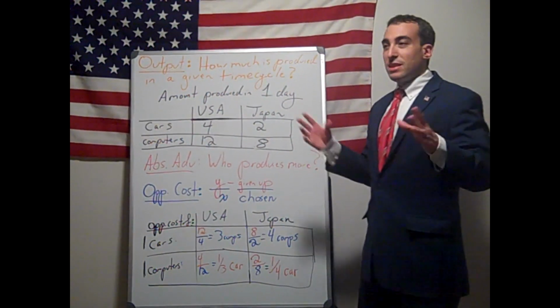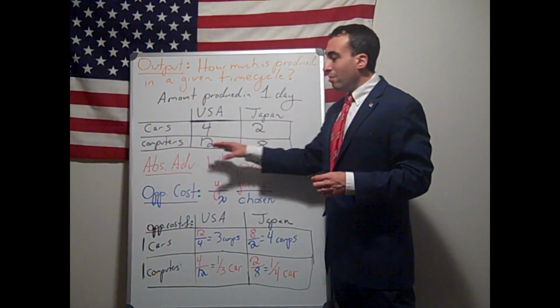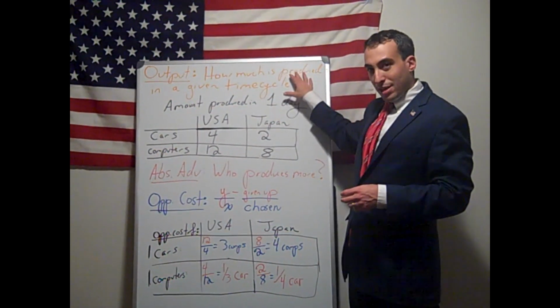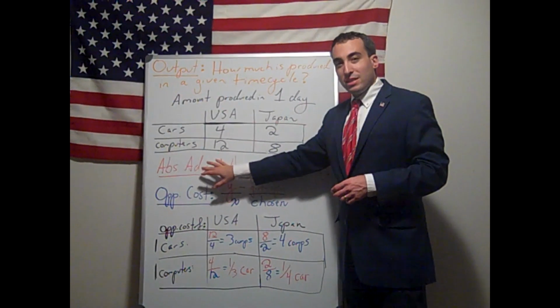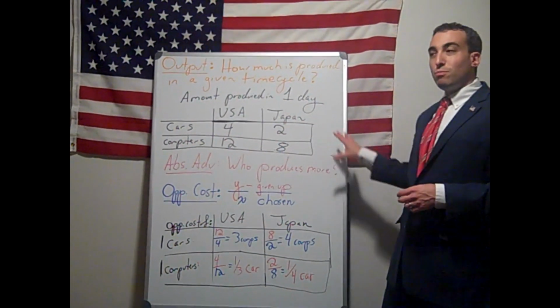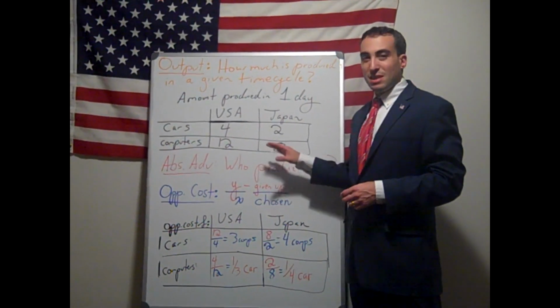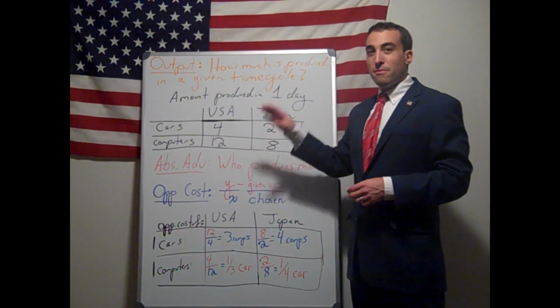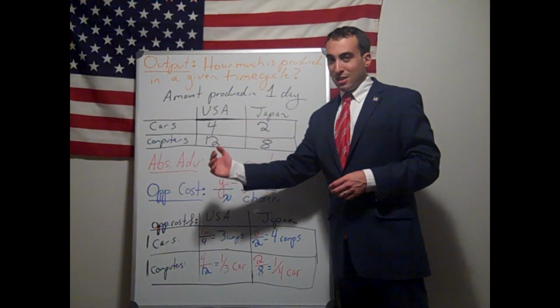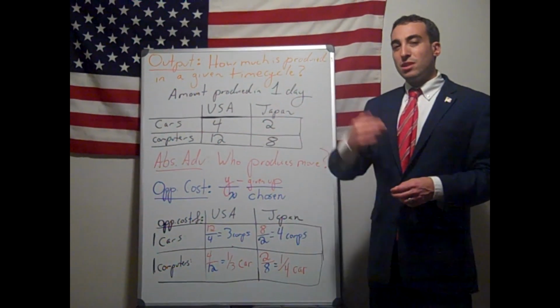Now first, the test is going to ask you, who has the absolute advantage? And for output questions, absolute advantage, the raw number advantage, is who produces more. Notice it's different, the absolute advantage is different now from input to output. In input questions for absolute advantage, we are looking at the lesser number.